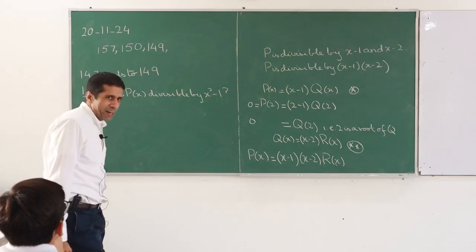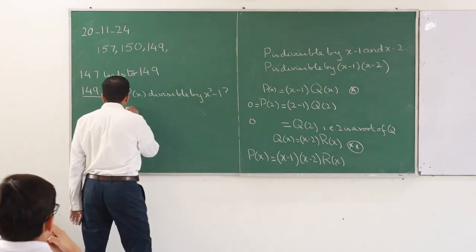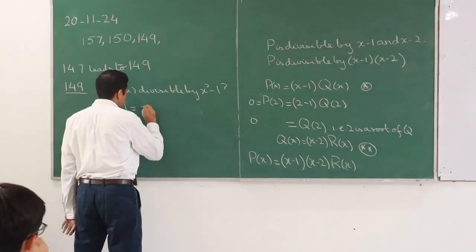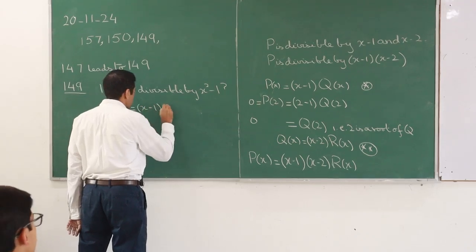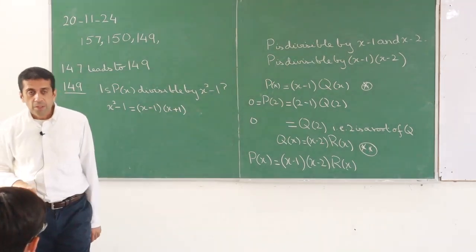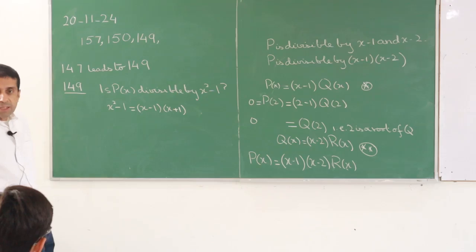Okay, we can factorize this. I would not suggest, yeah, you can talk about the root, so this is just equal to this, right? So this is that. Okay, this I know. So now what?